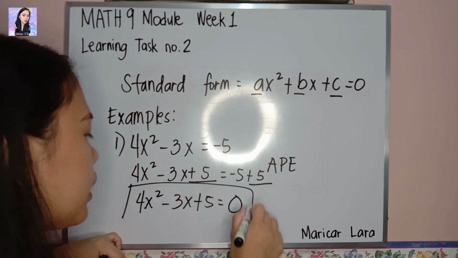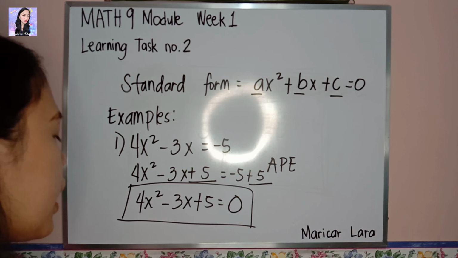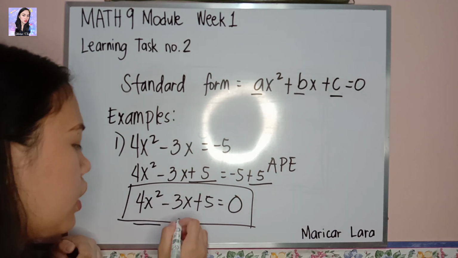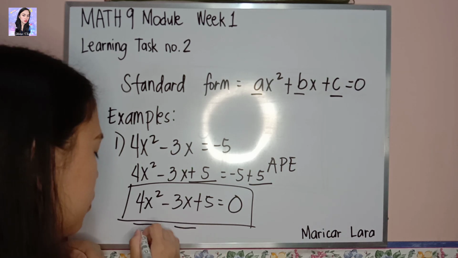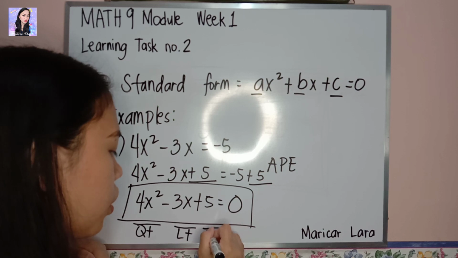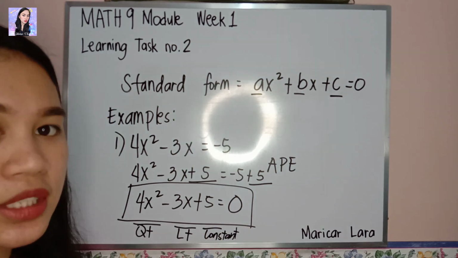So, this is now its standard form. Okay? We call the first term the quadratic term, this is the linear term, and this is the constant. When it is just a number, it is a constant.